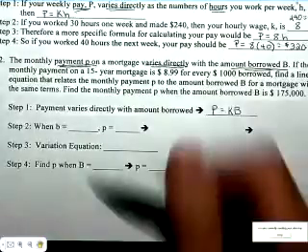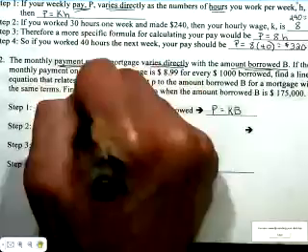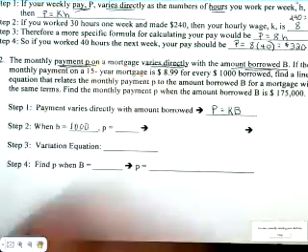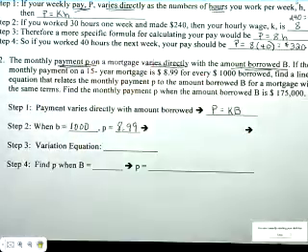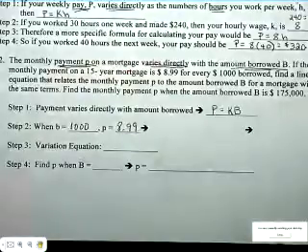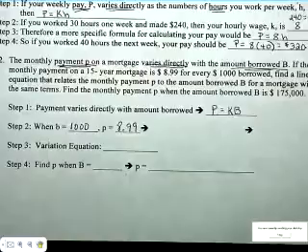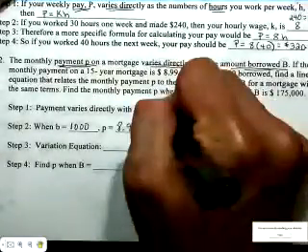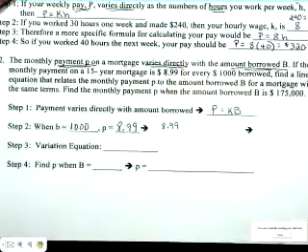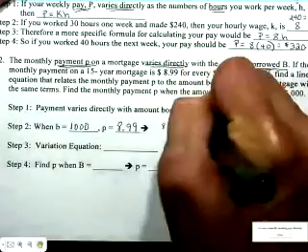So when B is $1,000, P is $8.99. That's all the information that you need to find that constant. Just put $8.99 in place of P and 1,000 in the place of B.